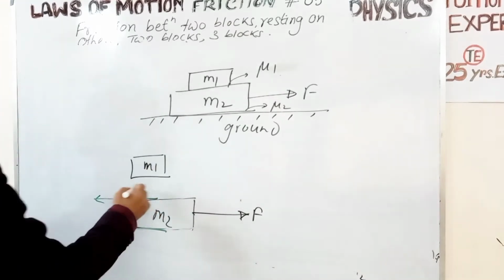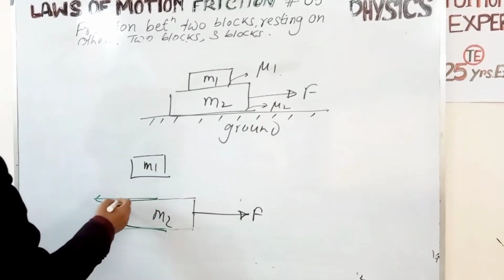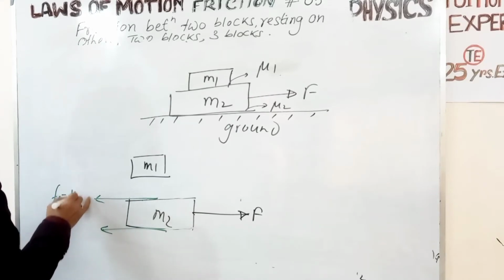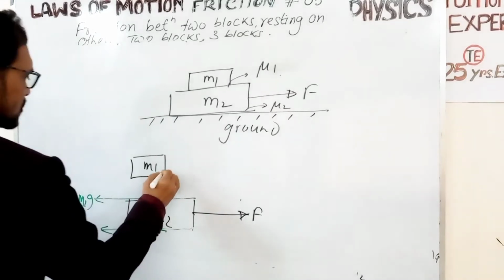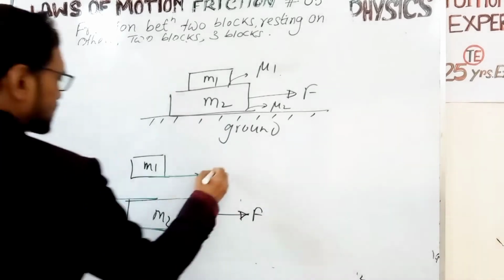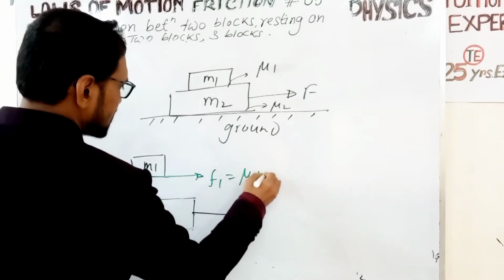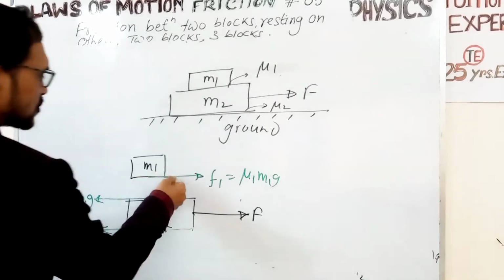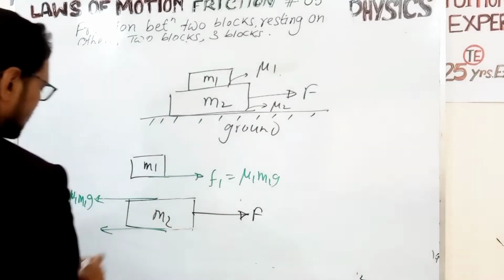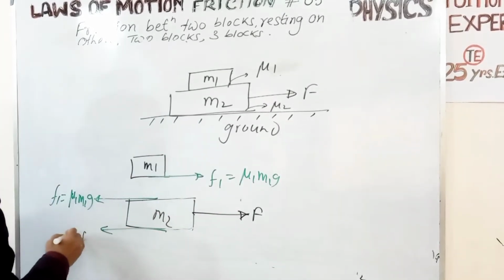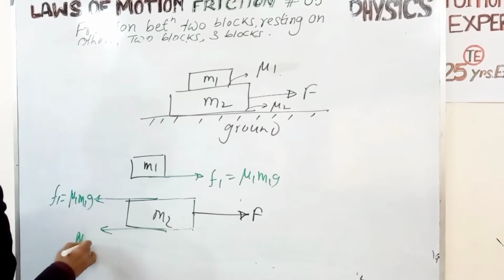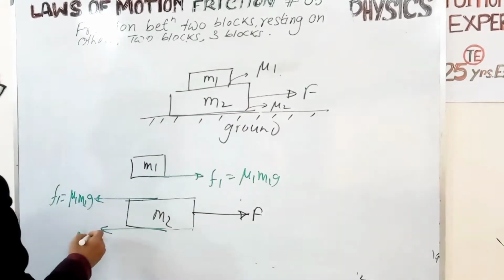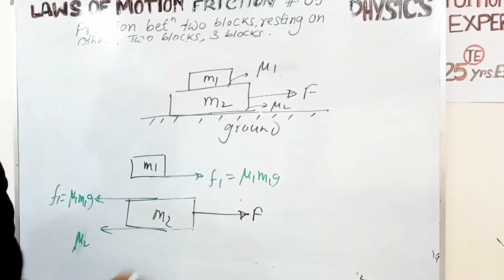Now what is the friction force? The friction force will be F1 equals mu1 m1g. Now if this force is the opposing force, this is the driving force for m1, and here the friction force equals mu2, the coefficient of friction, into the normal reaction, which is (m1 plus m2)g.